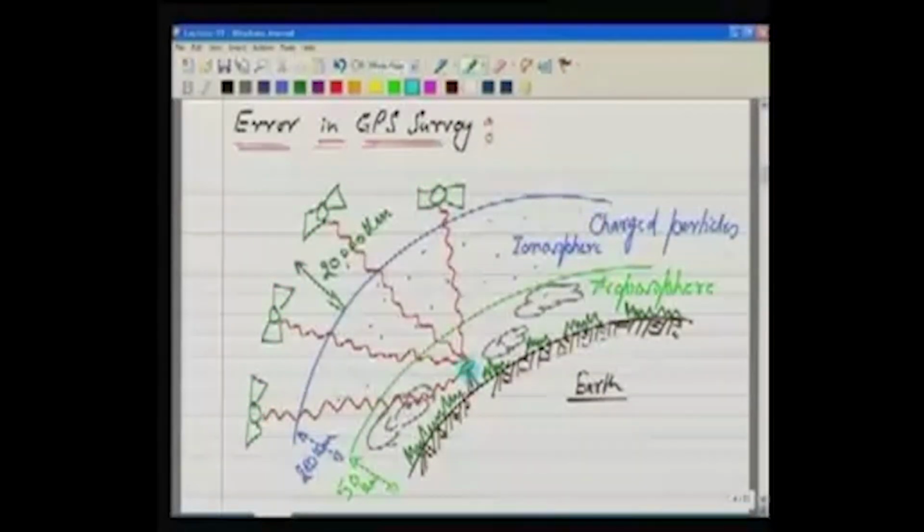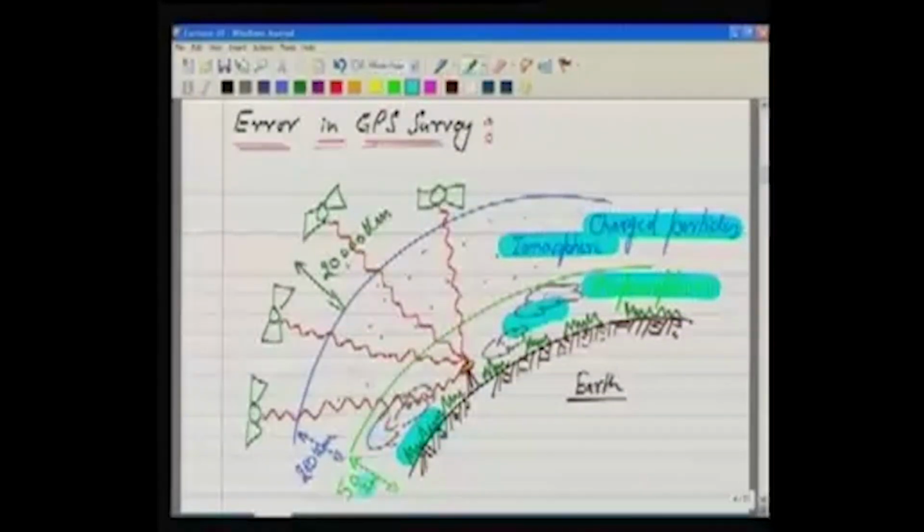Then over here is the GPS antenna, and the signal is being transmitted from all the satellites, and using these signals, the GPS antenna over here is able to locate its position. At the same time, we have our troposphere here, where we have the biosphere, then the clouds, our atmosphere, then on top of that we have the ionosphere, where we have the charged particles.